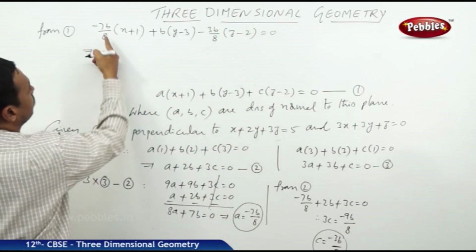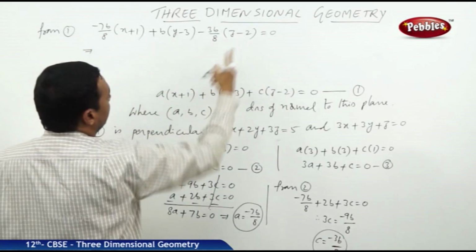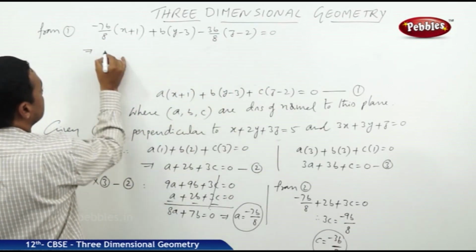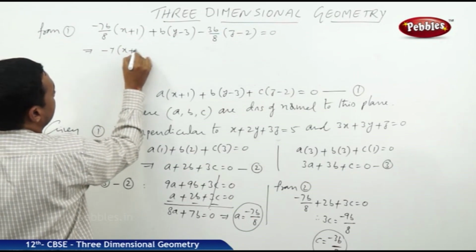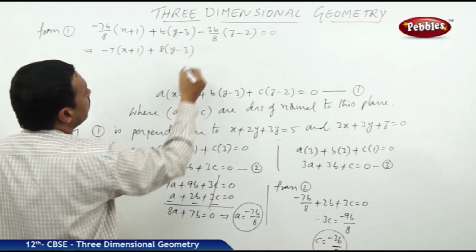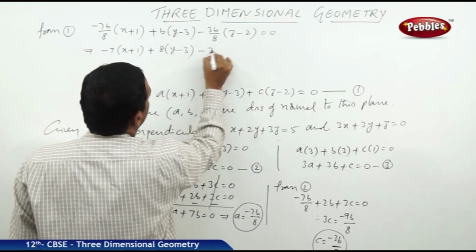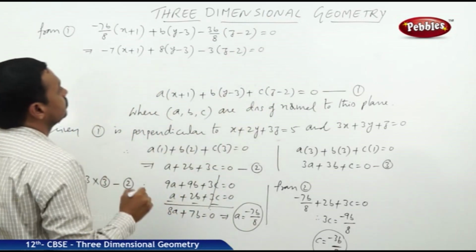Now look here, clearly b cancels on both sides, and we can multiply by 8 on both sides, then the equation changes to minus 7 into x plus 1 plus 8 into y minus 3 minus 3 into z minus 2 is equal to 0.